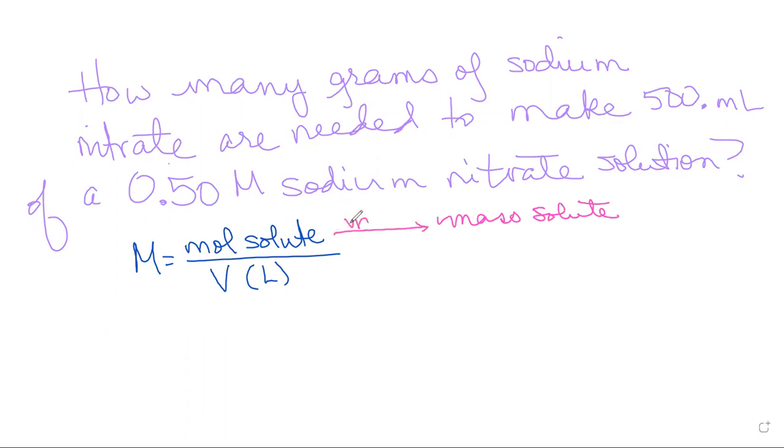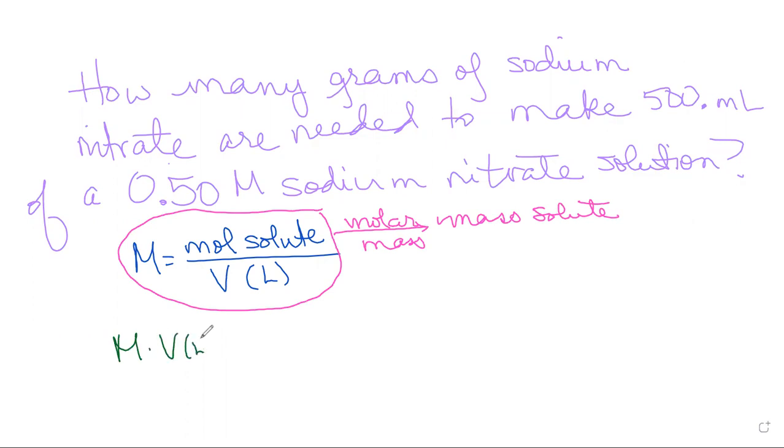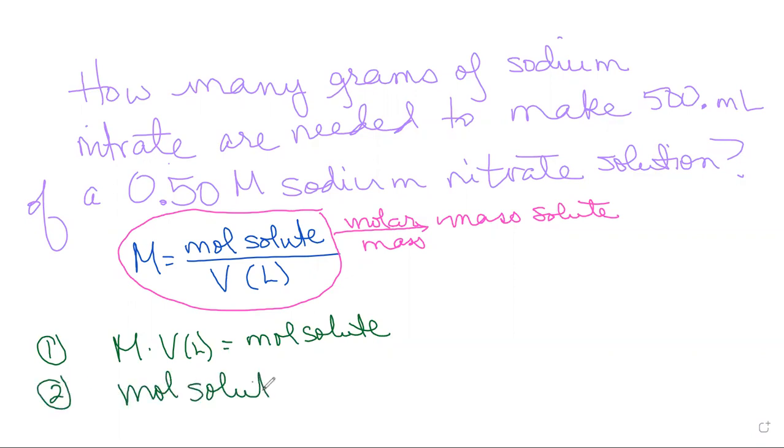We use molar mass. So now we know this, then we have to rework this equation so that we're getting moles of solute. So M times V, remember that's in liters, is equal to moles of solute. That's going to be step one. And then we go from moles of solute to mass of solute.